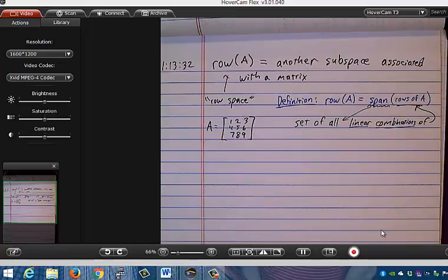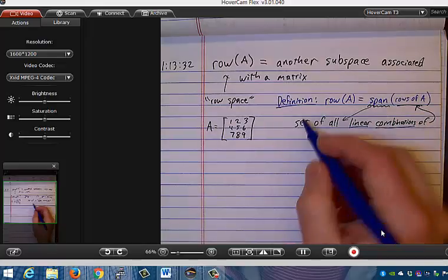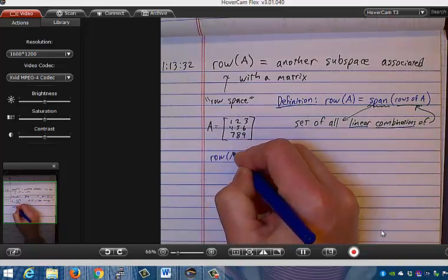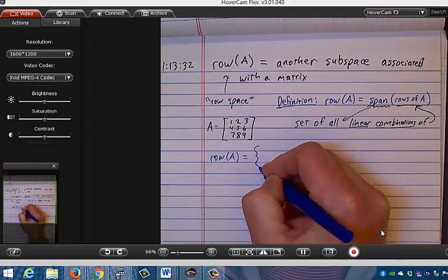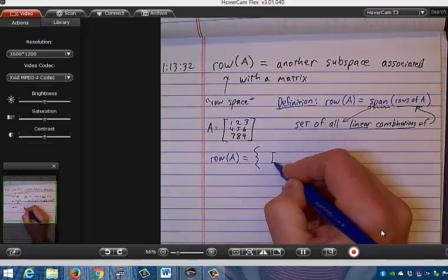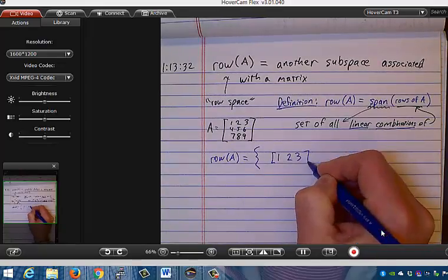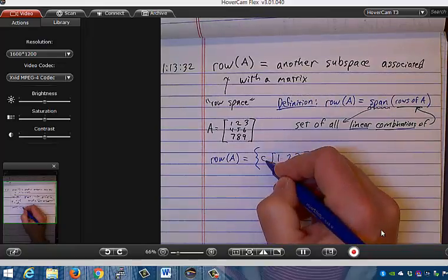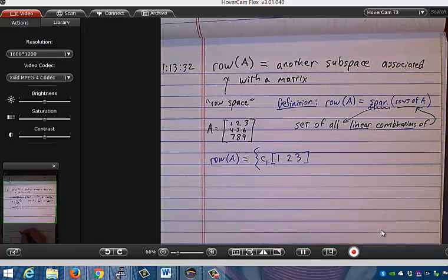So can we do that with the rows of A? Well, sure, watch. When I say the row space of A, one way to say it is, it's the set of things that look like this. Take the row 1, 2, 3, multiply it by any constant that you want. I'll call that C1.